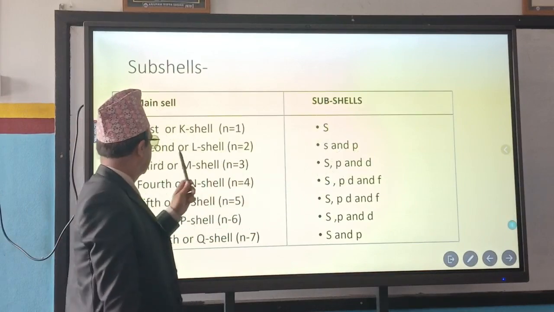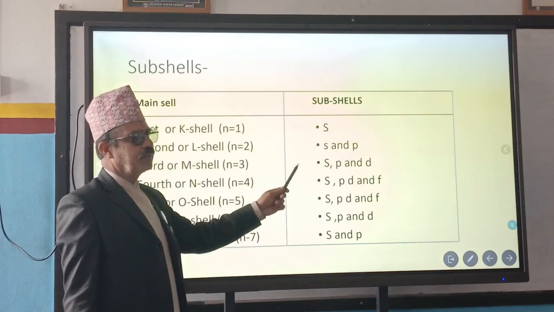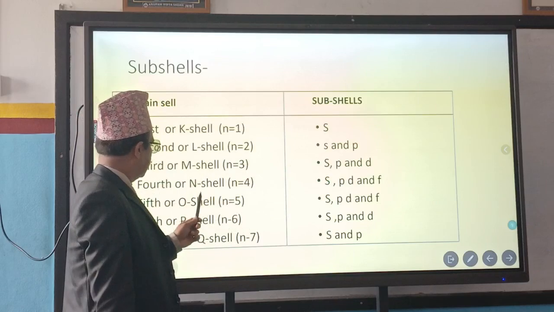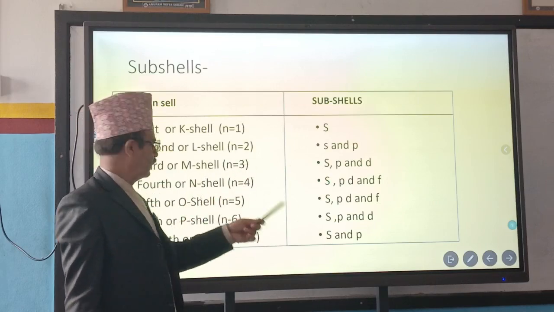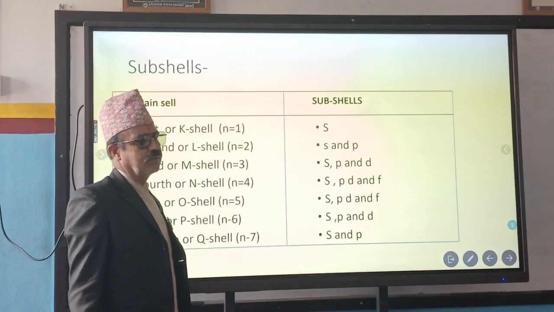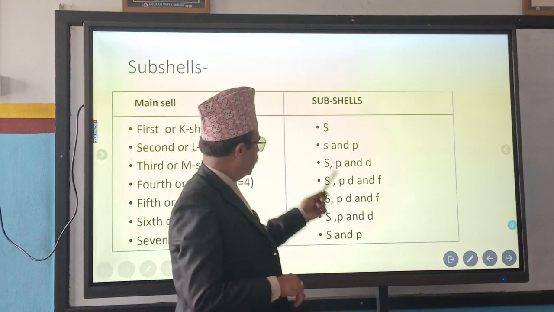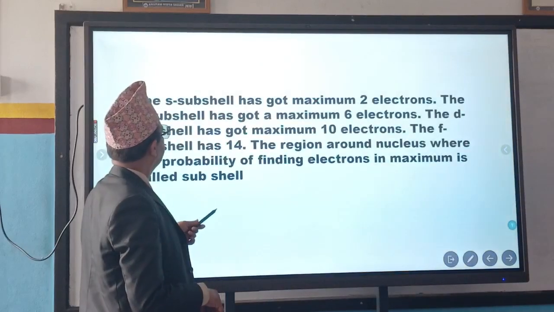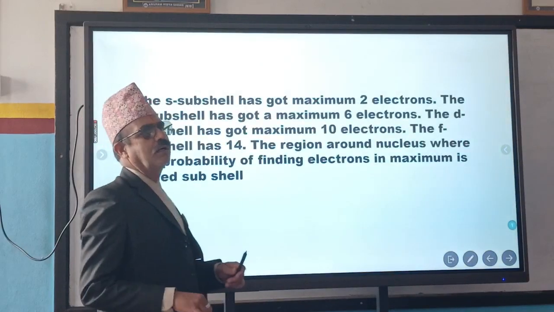S and P. M contains 3: S, P, D. N contains 4, O contains, P contains, Q contains, right? Now, 4 blocks. What are the 4 blocks? S, P, D, F.